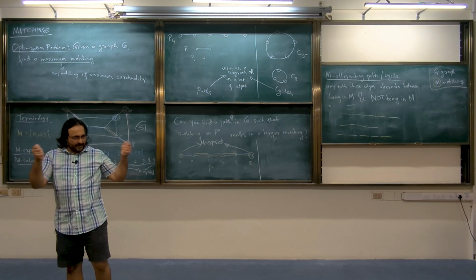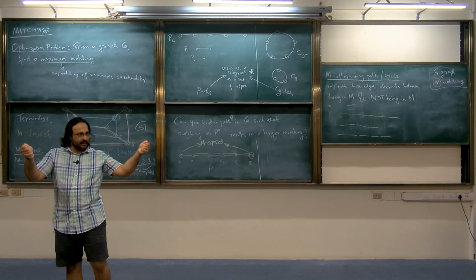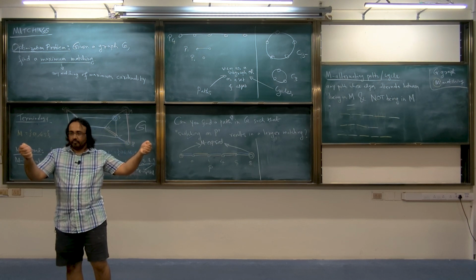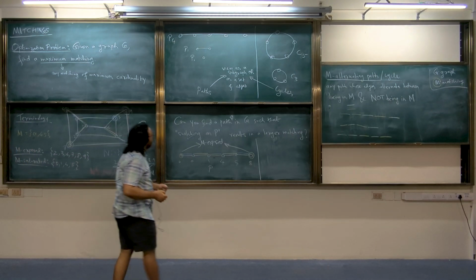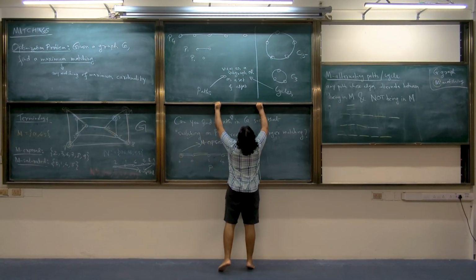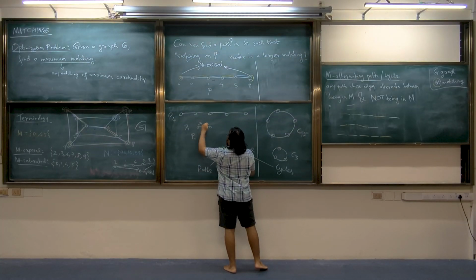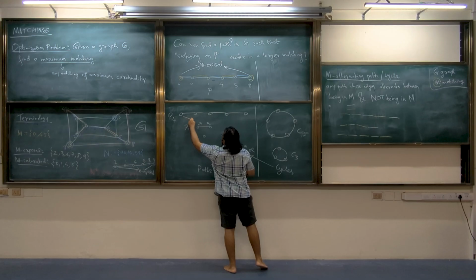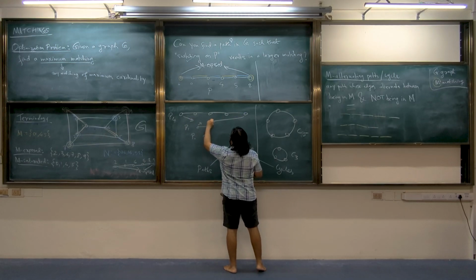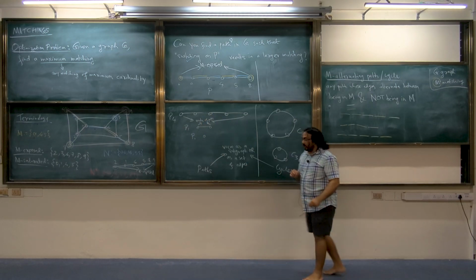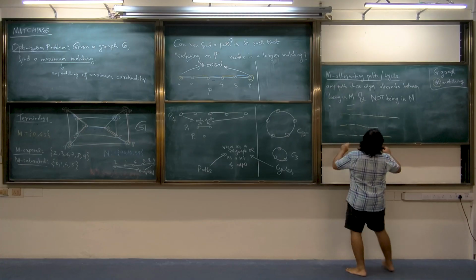We are going to have two distinct M exposed vertices as the ends of the path, and we want it to be alternating. By the way, I didn't define it, but clearly I have been calling these the ends of the path. A cycle clearly does not have ends, or rather every vertex is an end.